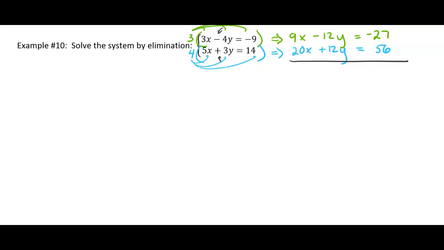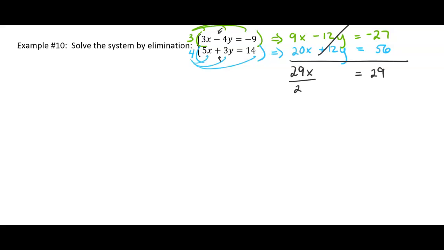So 9x and 20x is 29x. These are eliminating, negative 12y and positive 12y out. And now what's negative 27 and 56? I'm thinking it's 29. Check that on your calculator. Okay. Yay, this is great.